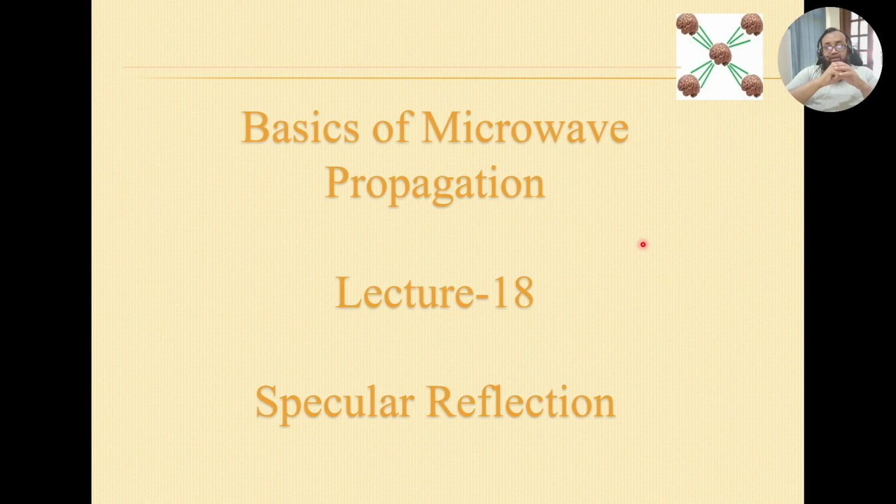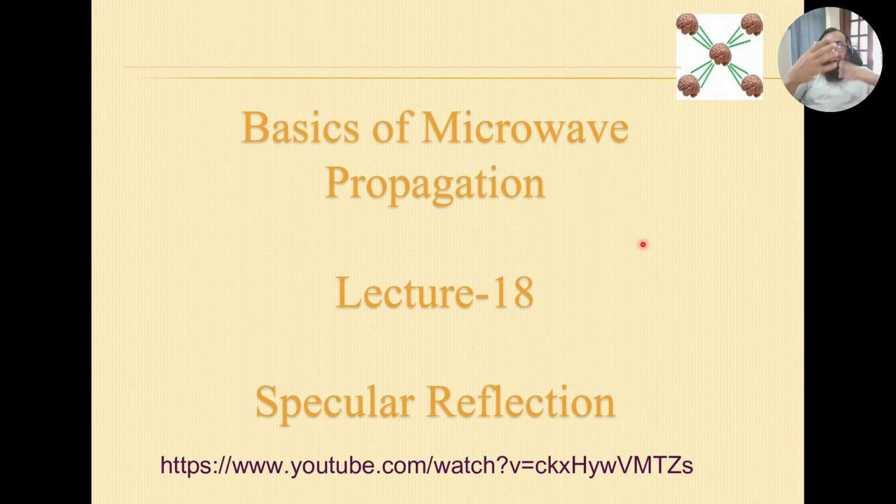So here we will try to understand the specular reflection with the help of a diagram, and we will try to correlate. I will not go into path loss detail for the time being, but I have already made some path loss videos which you can refer to, where I have talked about how this specular reflection can be seen on the path loss.